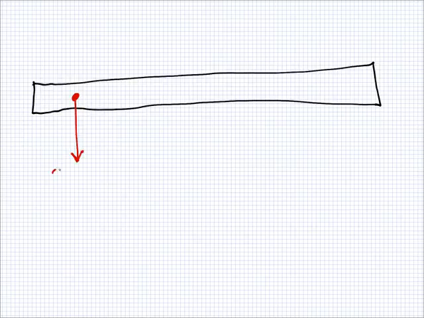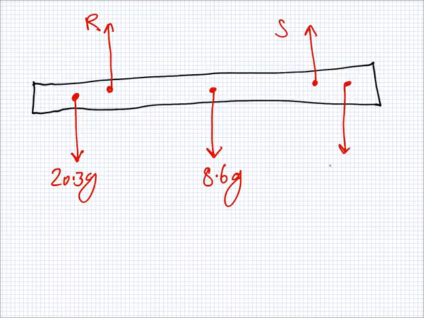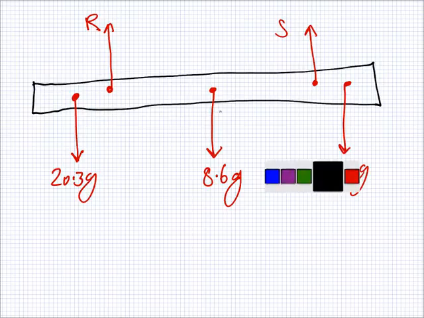Right. So firstly, there's the child here. And this is 20.3 G. Then there's an up force here. This is R. Yes? No? No. Right, this here, 8.6 G. This here, S. And this here, 30.2 G. Okay.